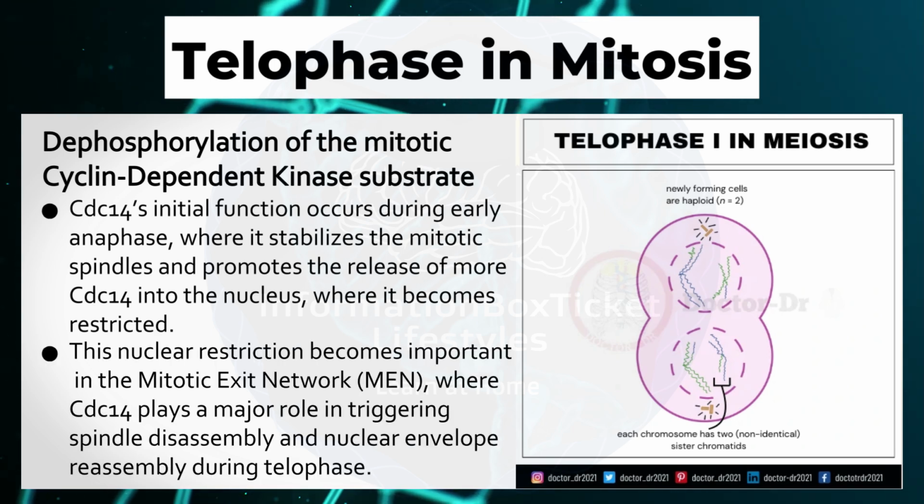This nuclear restriction becomes important in the mitotic exit network, where cell division cycle 14 plays a major role in triggering spindle disassembly and nuclear envelope reassembly during telophase.